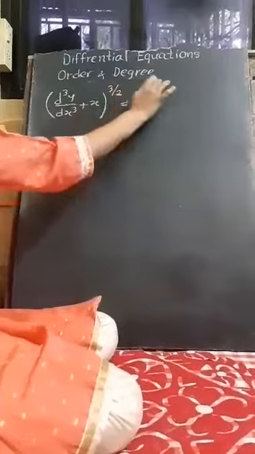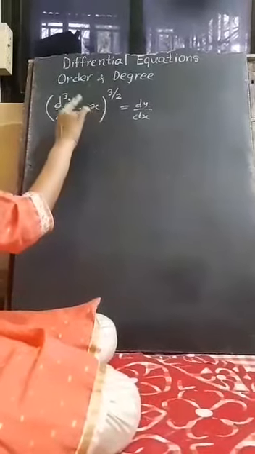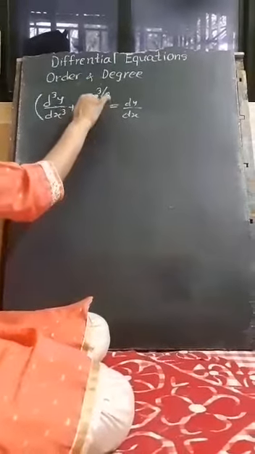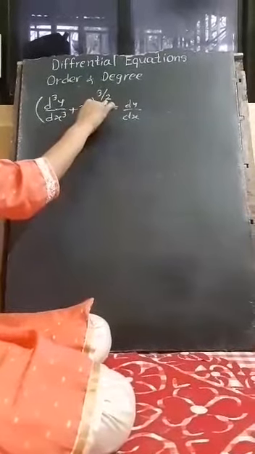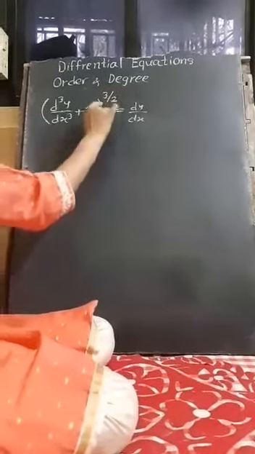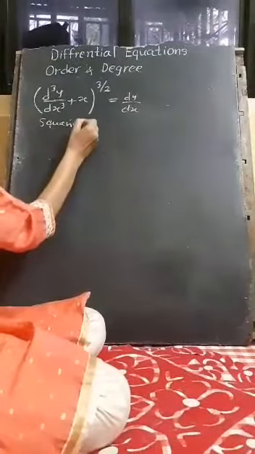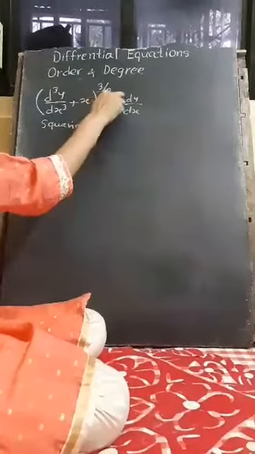But for degree, the equation should be free from fractions and radicals. So what is a radical? A fractional power is a radical. So how to remove this fractional power? If I do squaring on both sides, why am I doing squaring? Because I need to remove this by 2.